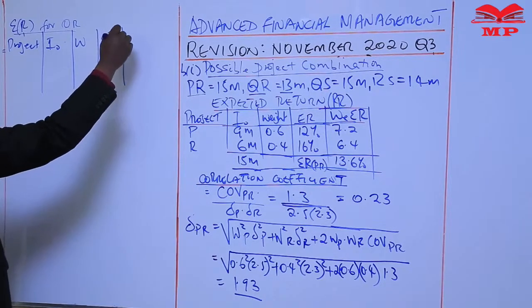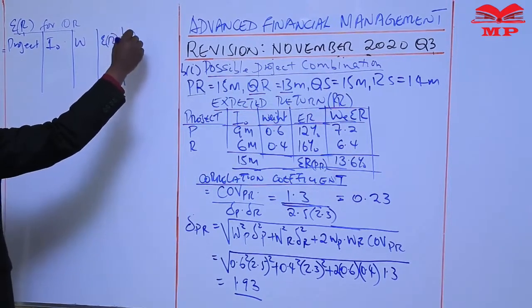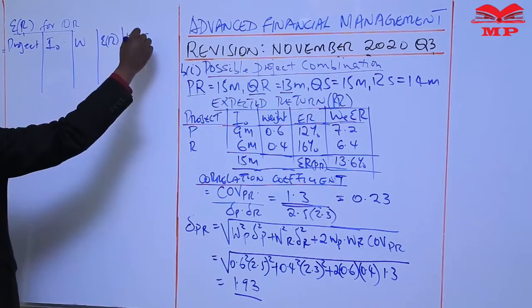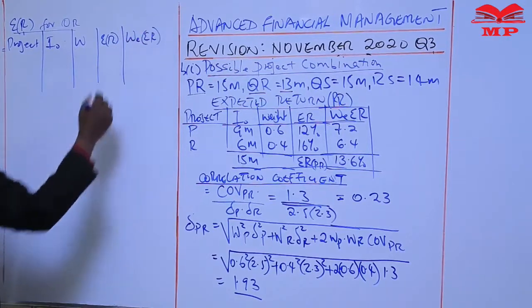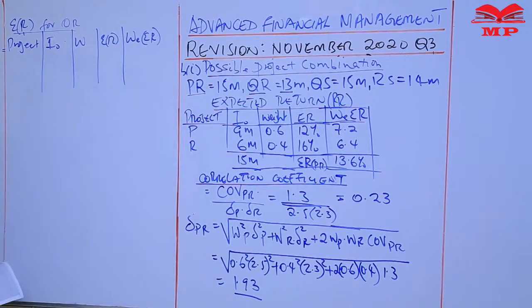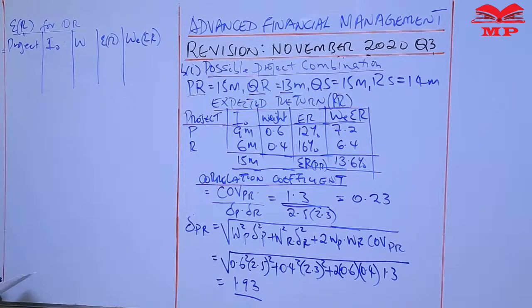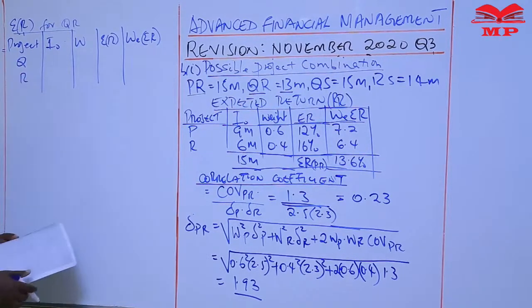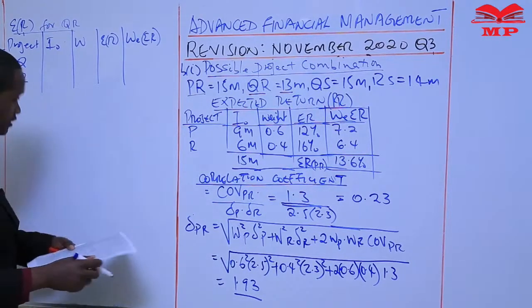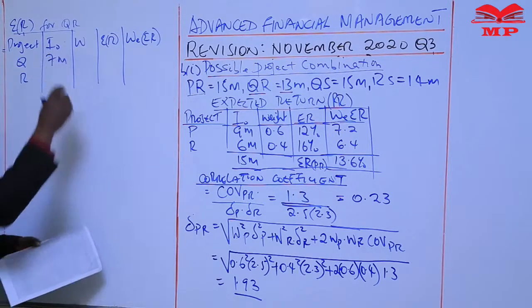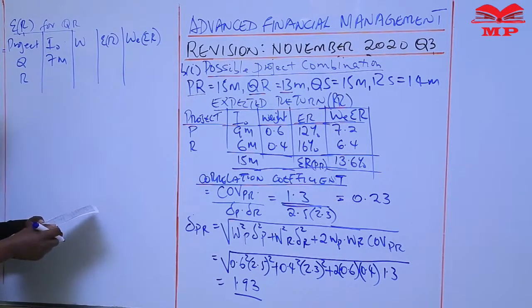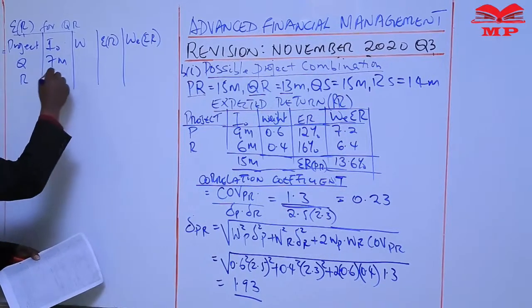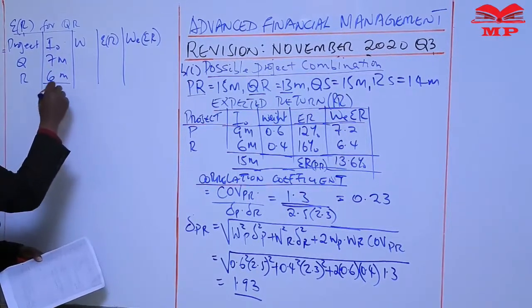Then we multiply the weight by the expected return. Project Q required an initial investment of 7 million. Project R requires an initial investment of 6 million, total 13 million.